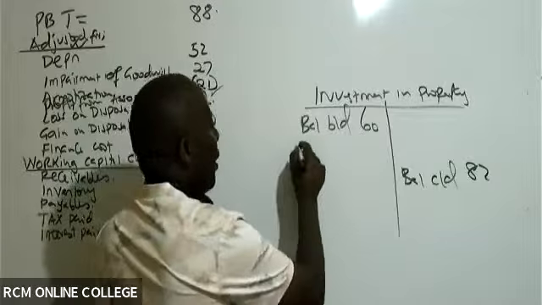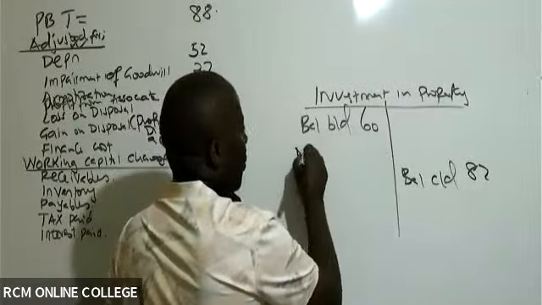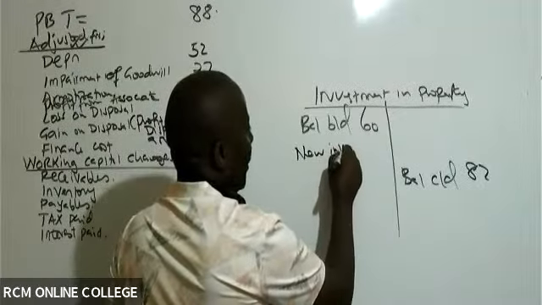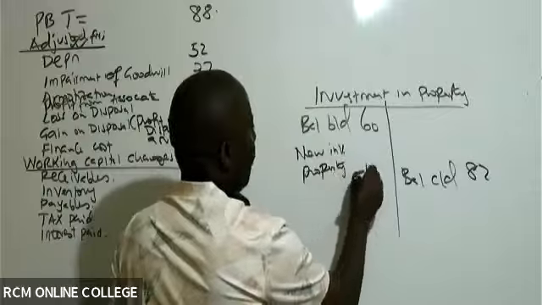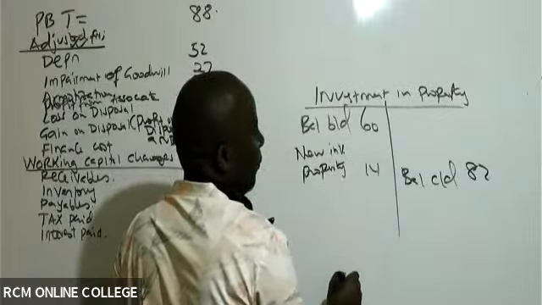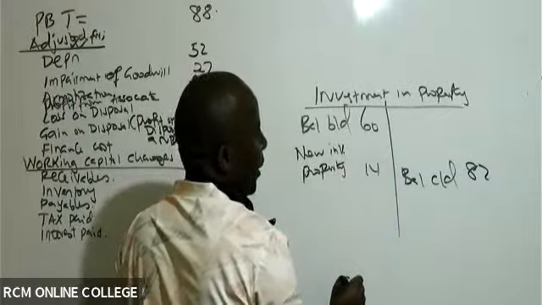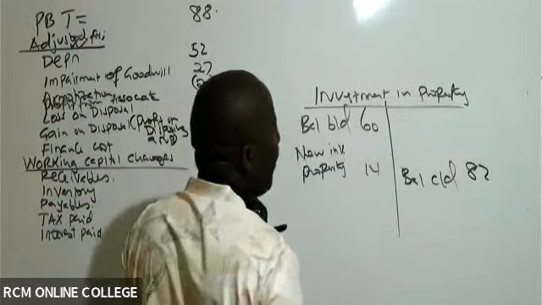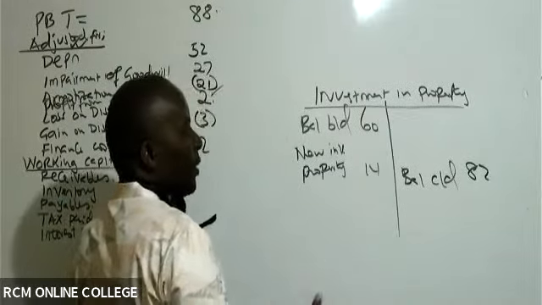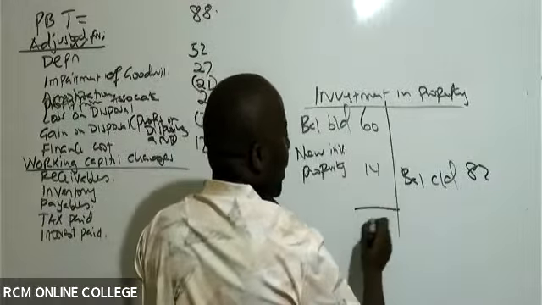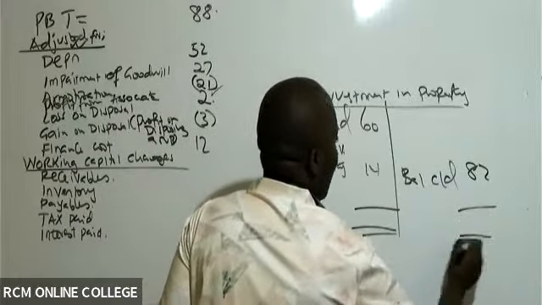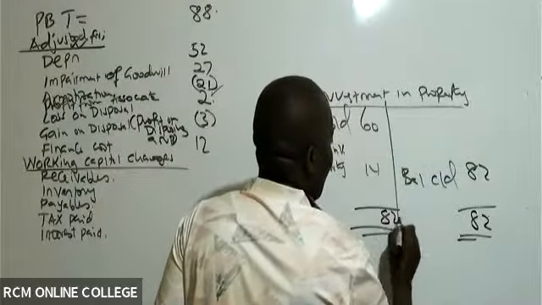So in this case, this is increasing. So new investment property, 14. Then what else may have made this investment in property change? You see this is 74 and this is 82.